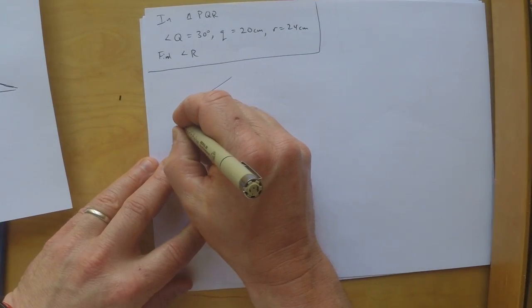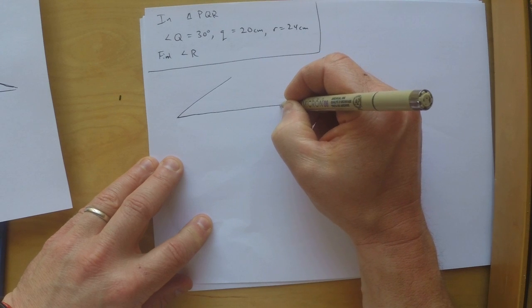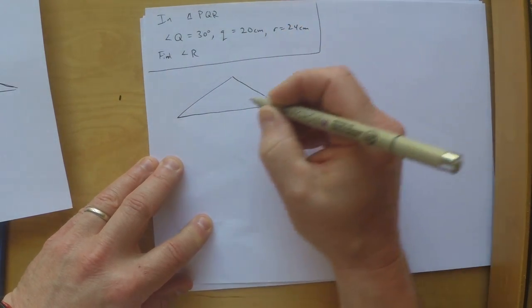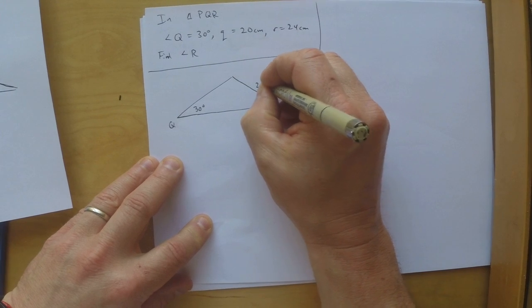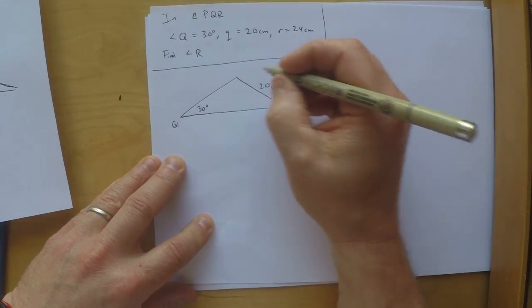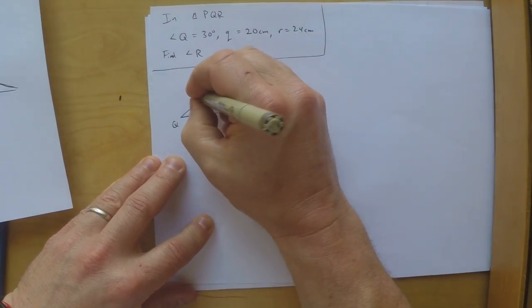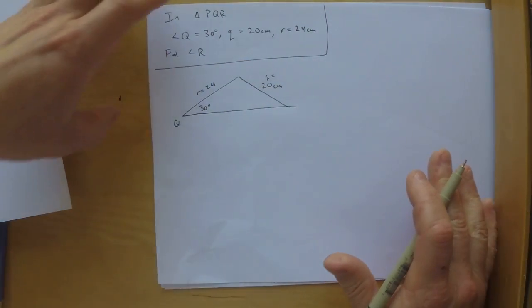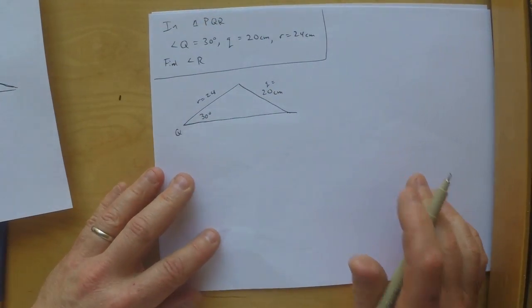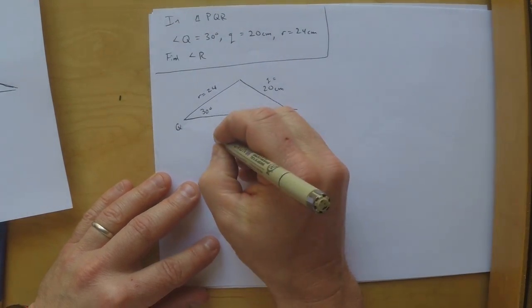So again, I'm going to draw a quick little picture of what I think I have. So this is 30 degrees, there's angle Q, little q is 20, and little r is 24. And again, I see it's sine law, it's ambiguous because it's angle side side. So I do the exact same thing.